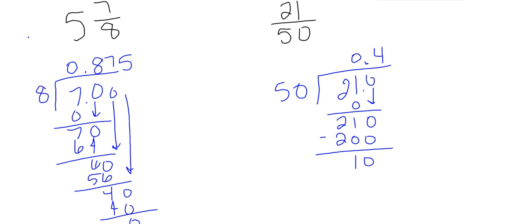Subtract that, that's 10. I'm going to bring down another 0. 50 goes into 100 2 times. So 50 times 2 is 100. Subtract that, that's 0. So my answer is 0.42.